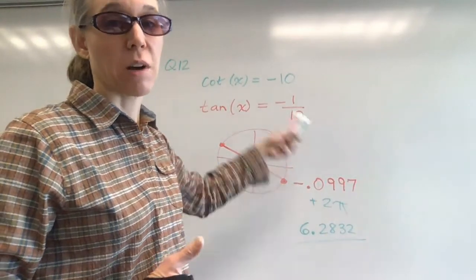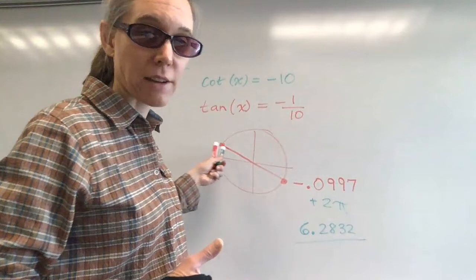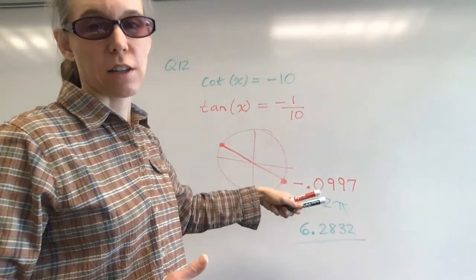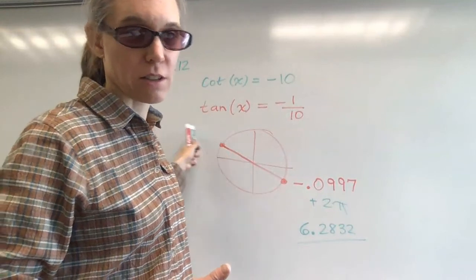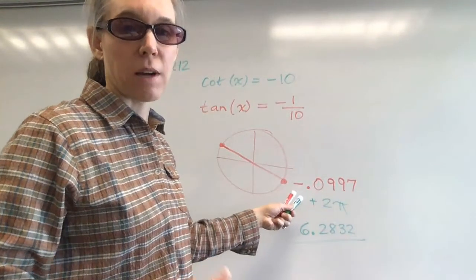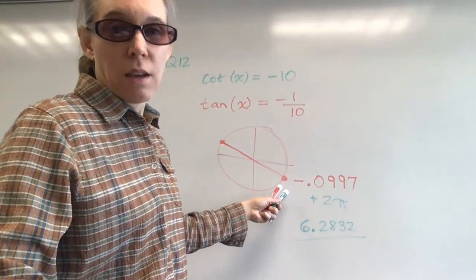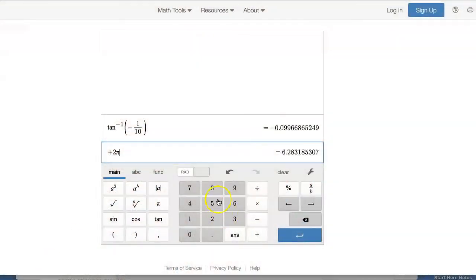It doesn't matter if you add 2 pi and then subtract a pi, or start at your negative answer and add 1 pi, write down your first answer, add another pi, and write down your second answer. Either way, we come back over here and subtract pi, and we end up with 3.1411.